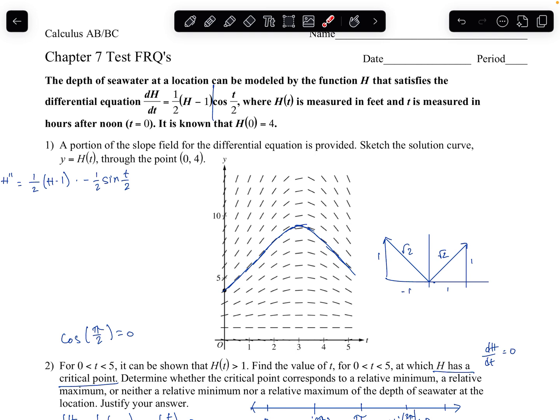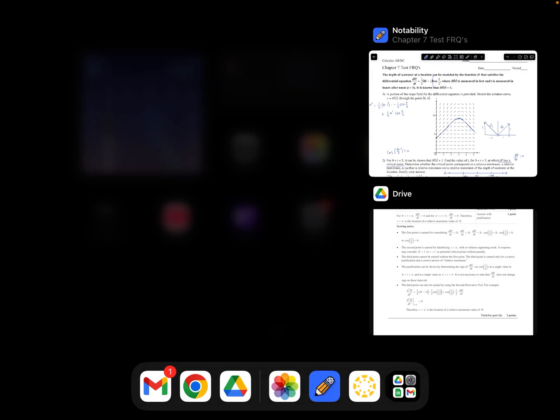So that was the first times the derivative of the second plus the derivative of the first. Now, if you were to distribute, this would become a constant, so I'm not going to worry about that. But if I distribute the 1/2, then this is 1/2 h. So the derivative of that would be 1/2 of h prime, using implicit differentiation. So the derivative of the first times the second, so cosine of t over 2. Let's see if that's what they got.